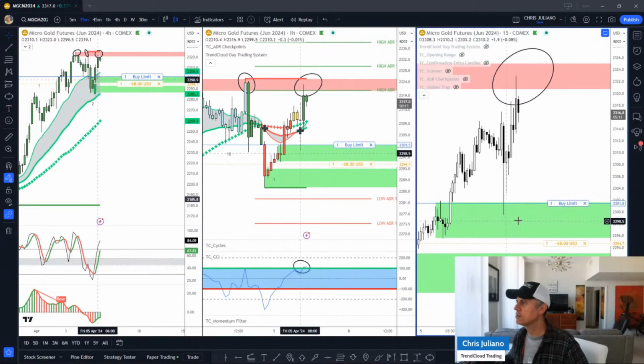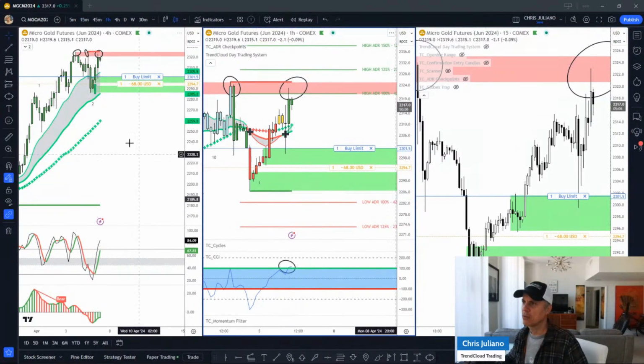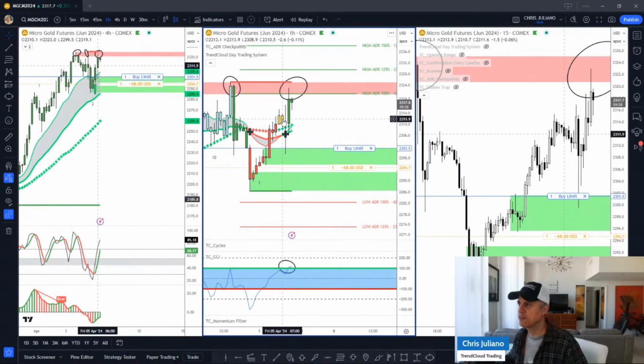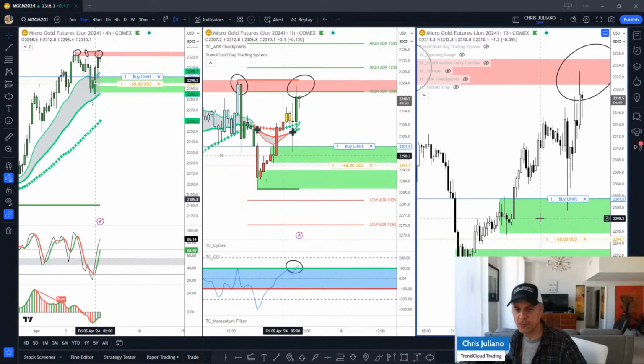Low time frame, demand zone, great, go for it. Trend and momentum on the high time frame, trend and momentum on the middle time frame, all to the upside. Great. Start looking for demand zones.